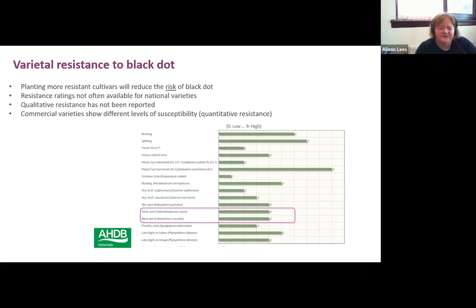Differences in resistance are often, I think, coincidental rather than having been deliberately selected for as part of a breeding program, as other targets such as late blight or potato cyst nematode have precedence. However, differences in varietal resistance do exist.